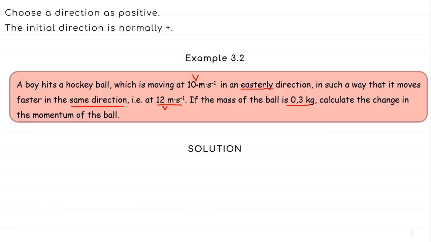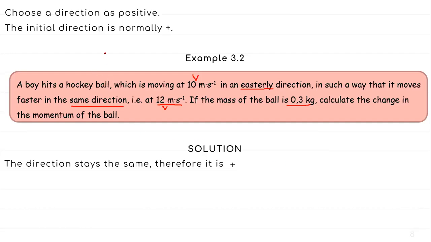So we have the initial momentum and we have the final momentum. So we must get by how much did the momentum change? So let us answer that. Right. The direction stays the same. Therefore, it is positive. So we take the original direction to be positive.